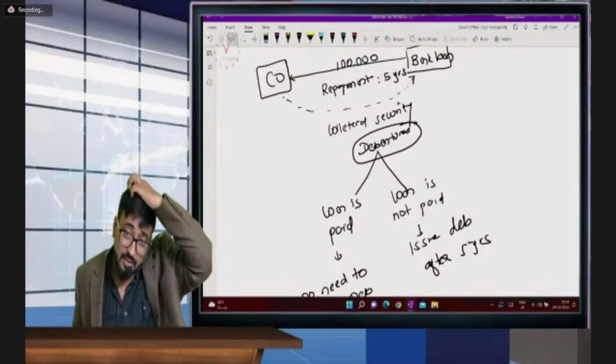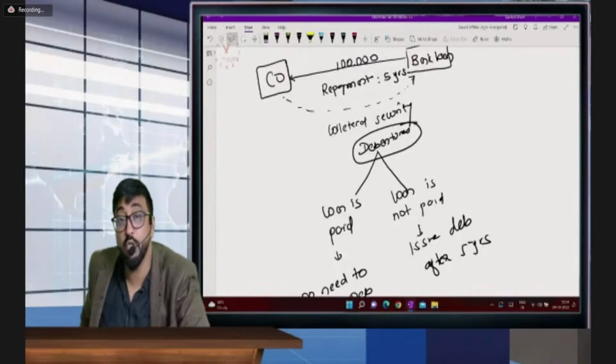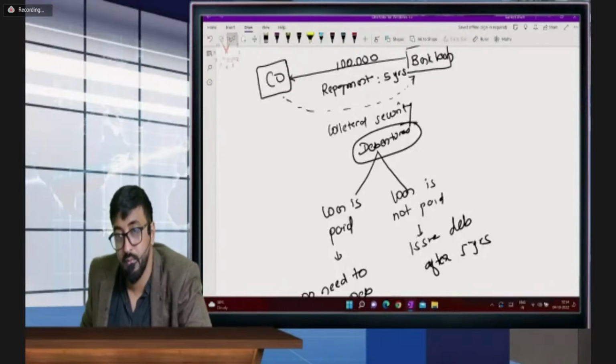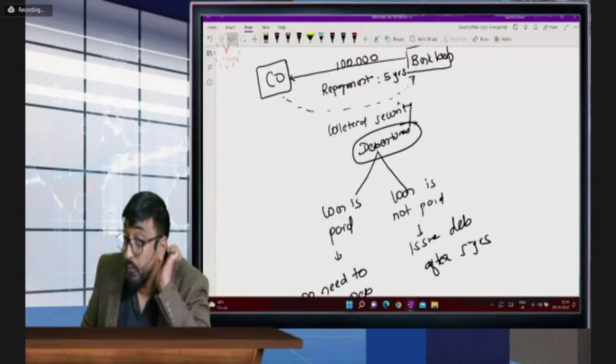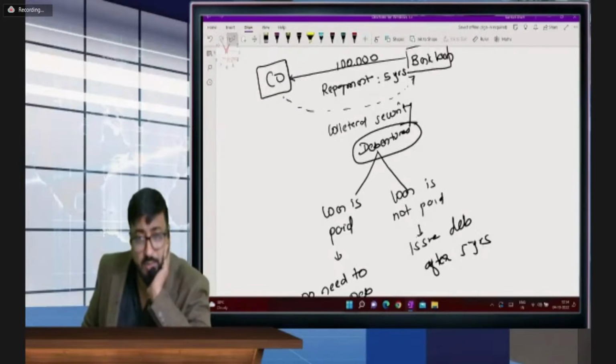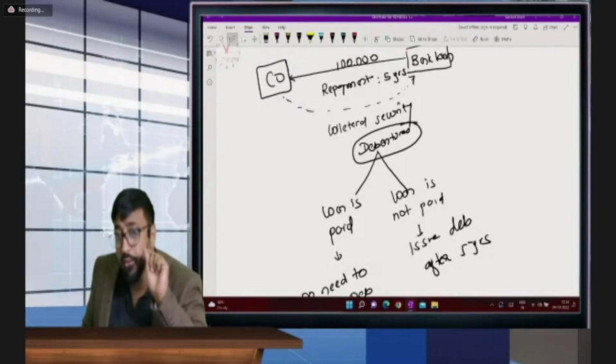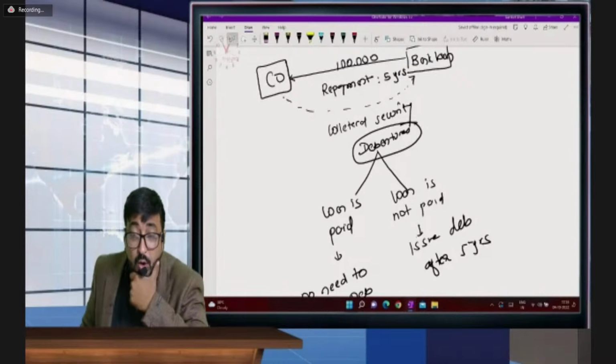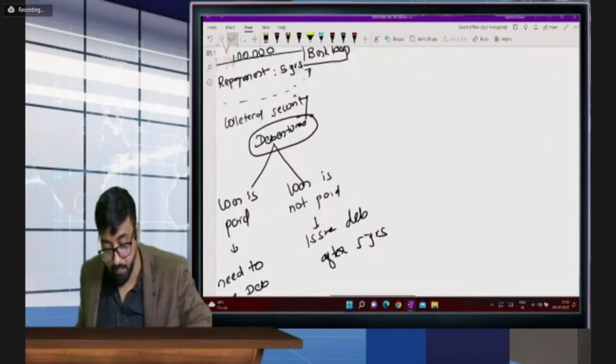After 5 years, you are going to issue debentures. Do you understand? Debentures will have to be issued after 5 years if the loan is not paid. So tell me in the comment section. Are you issuing debentures today or after 5 years?